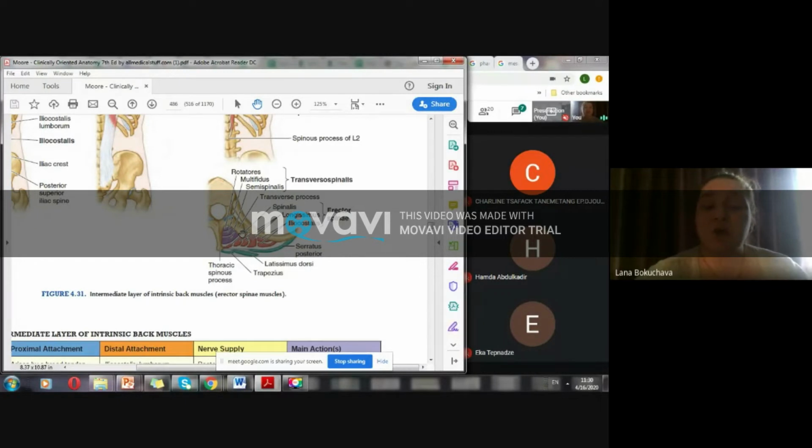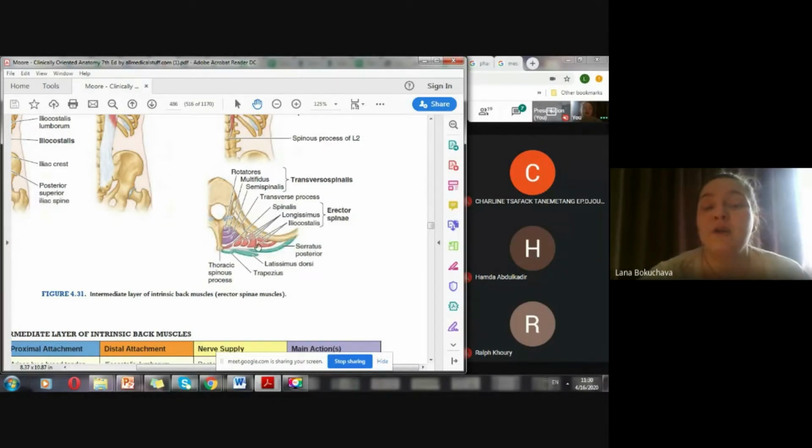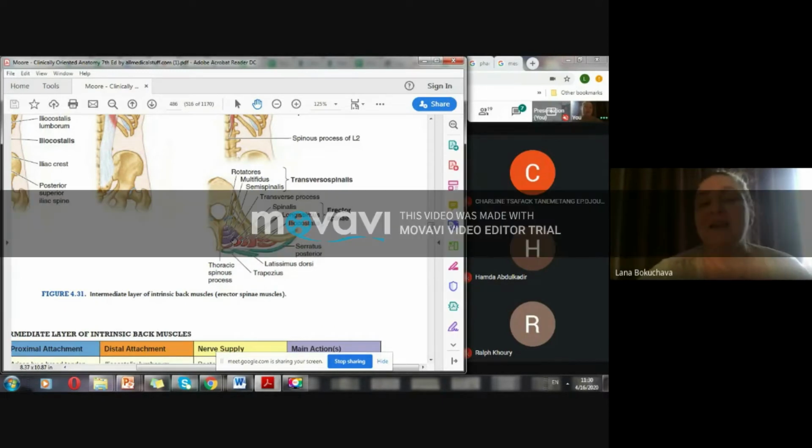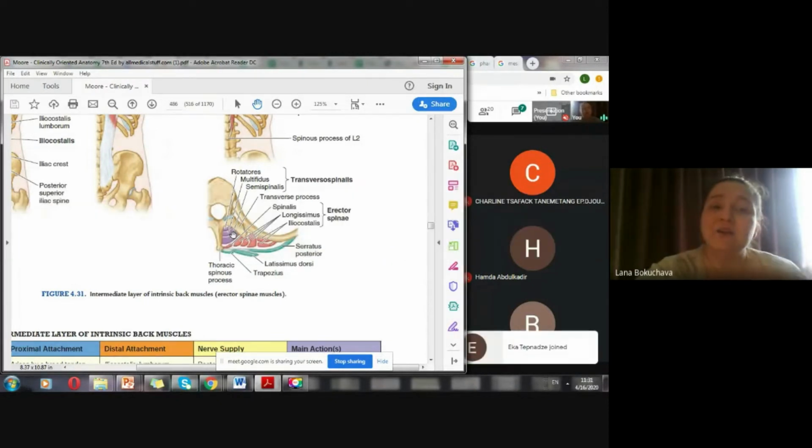So what I want to show you here is that in this case, because it's the thoracic region, it's not seeing the superficial layer, and I will explain why, but it's still seeing the part of the intermediate layer. You see it is more superficially localized, and here you can see, so these are the erector spinae muscles, and here you can see deep layer of the intrinsic back muscles, which are particularly represented by the transversospinalis muscles. You see?